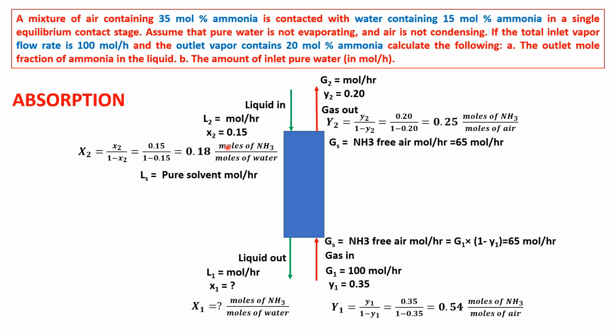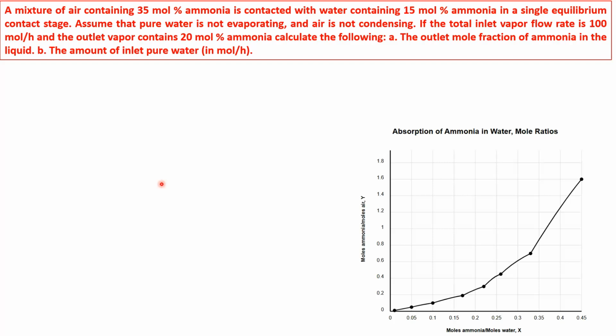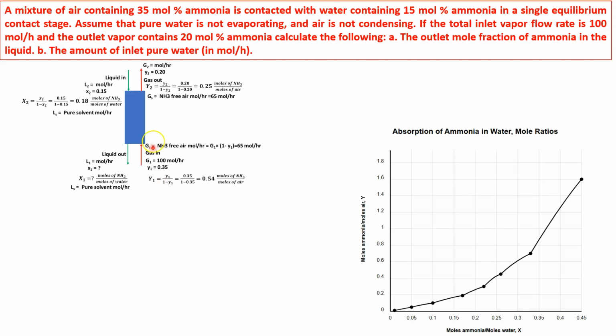One thing still remaining, Ls is the pure solvent, pure water in mole per hour, that will not change, so it will be the same at the inlet and outlet. From the equilibrium data we can easily calculate X1, moles of ammonia by moles of water.